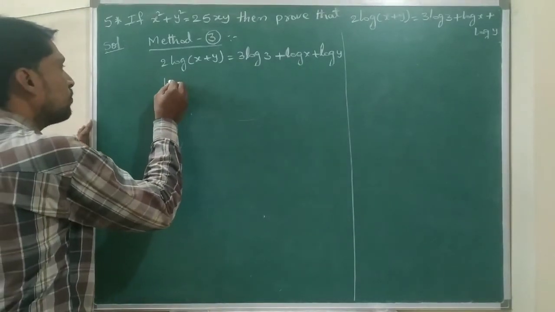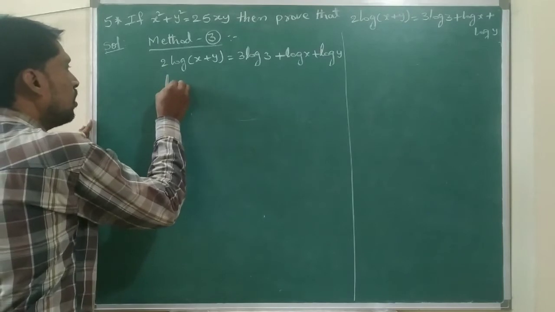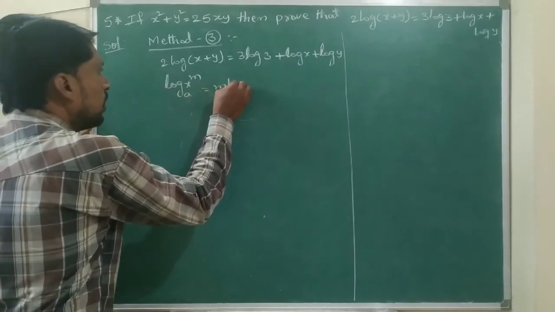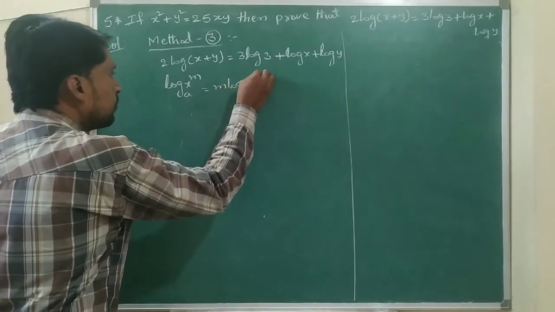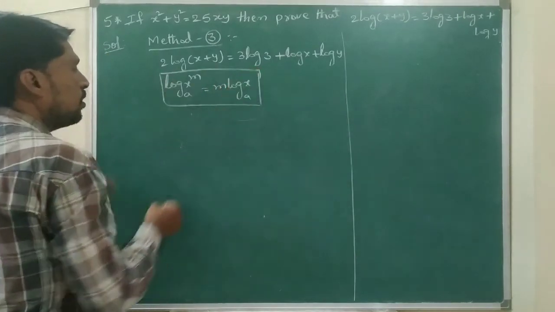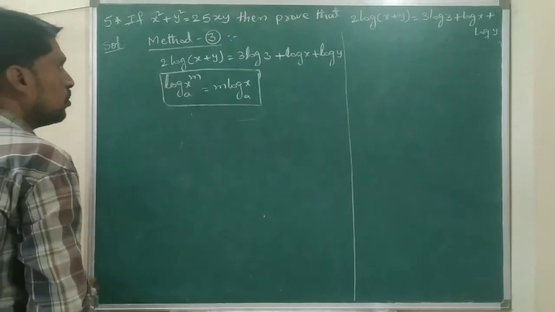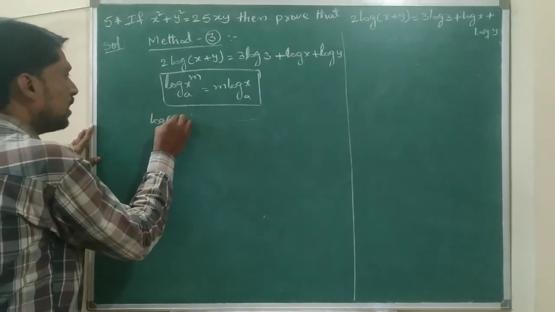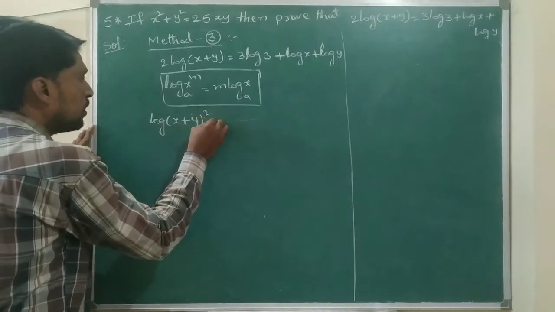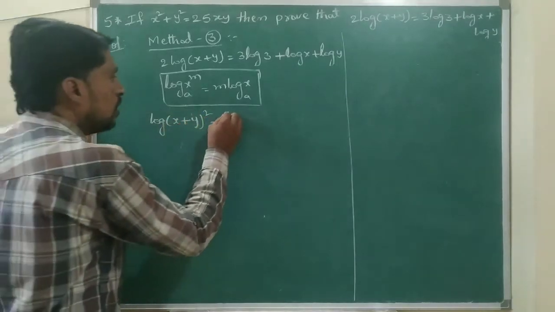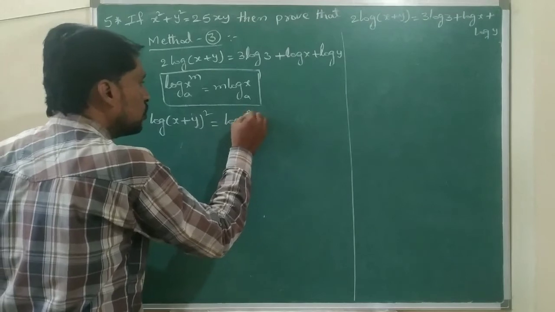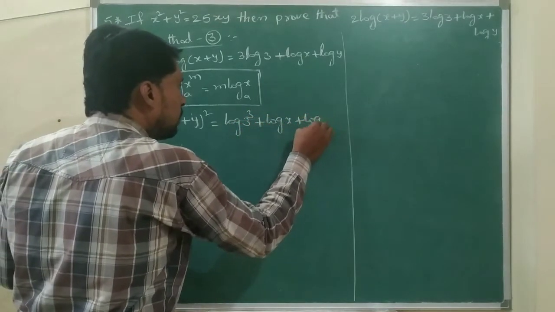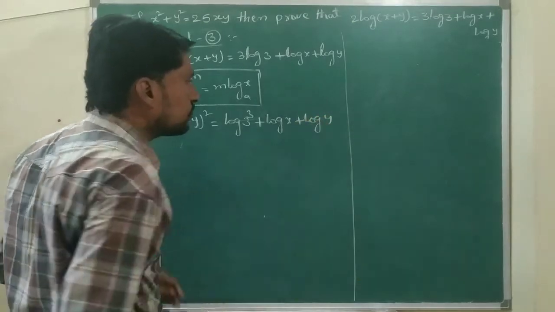So log x power m to the base a equals m log x to the base a. So that gives log of x plus y whole square equals log 3 cube plus log x plus log y.